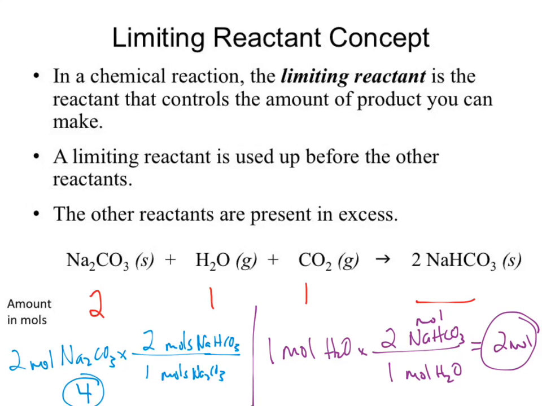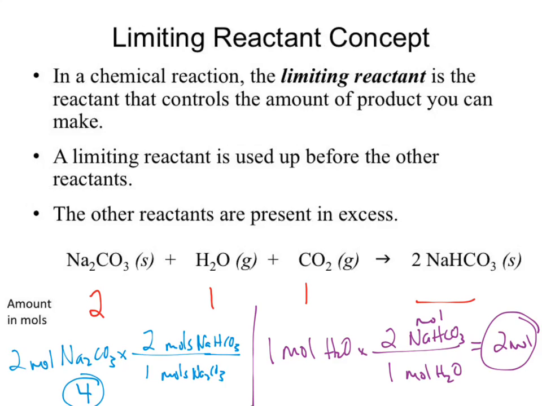In an individual problem that we've looked at before, when we say we give you 2 moles of sodium carbonate, how many moles of sodium hydrogen carbonate can you make? In that statement, I am implying that there is a ton of H2O and CO2.